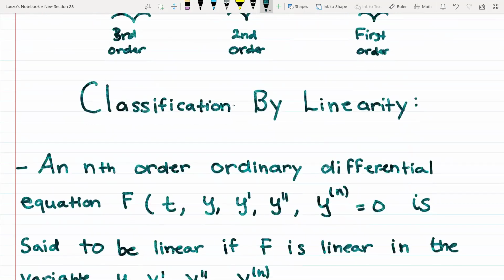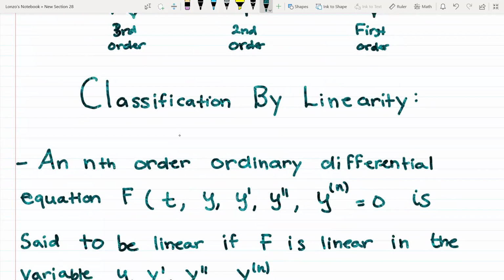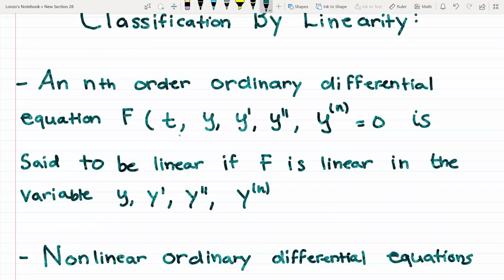Now let's talk a little bit about linearity. How do you know if a differential equation is linear or not? Let's talk about the nth order ordinary differential equation. It's said to be linear if f is linear in the variables y, y prime, y double prime, up to y to the n.